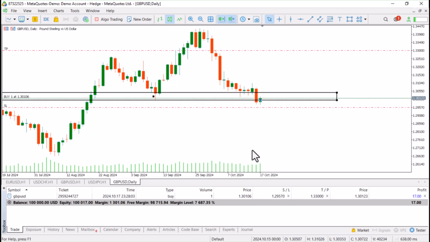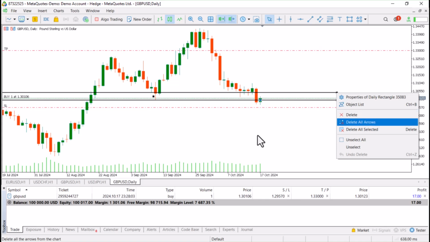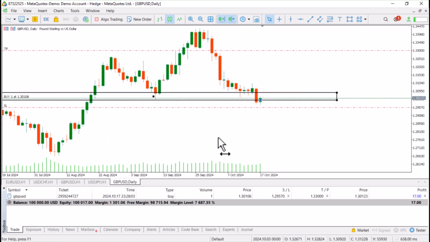So, I will repeat myself again. I said, if you have a standard lot size account, a standard lot size account is $100,000.